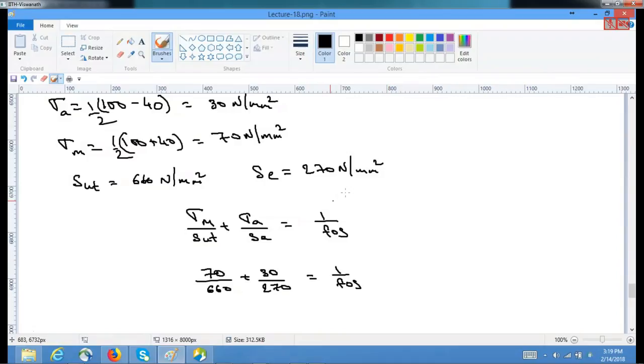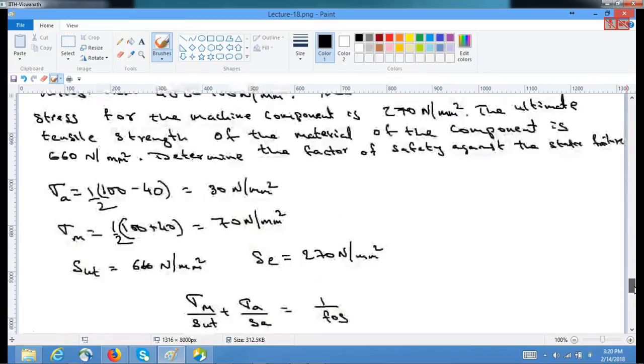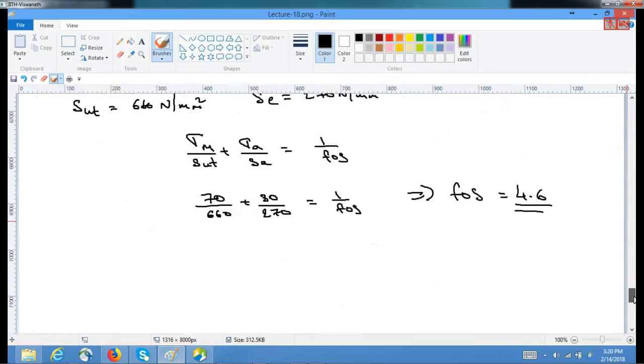If you solve for this, you can get a factor of safety of about 4.6 that is involved in this problem. So like this, we have studied one example. Further, there are certain modifications.